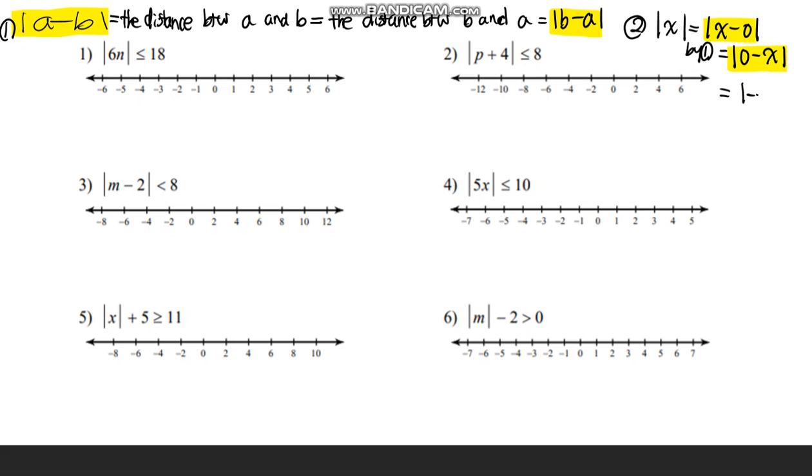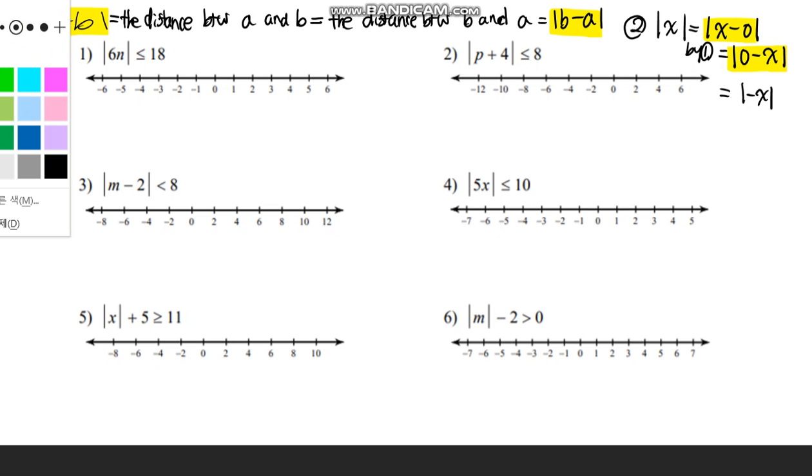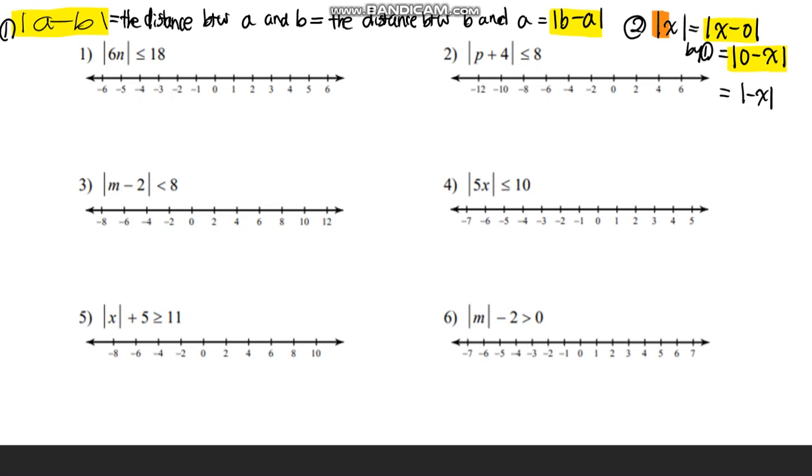So you can say this is absolute value of negative x, because 0 can go away. What you need to understand and memorize is that absolute value of x is the same as absolute value of negative x.